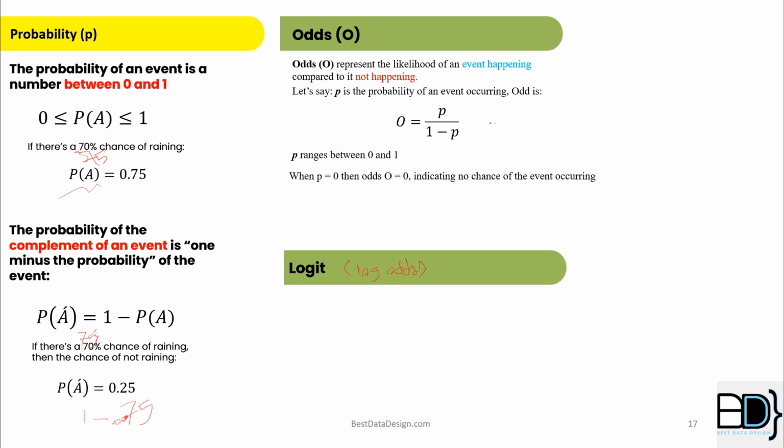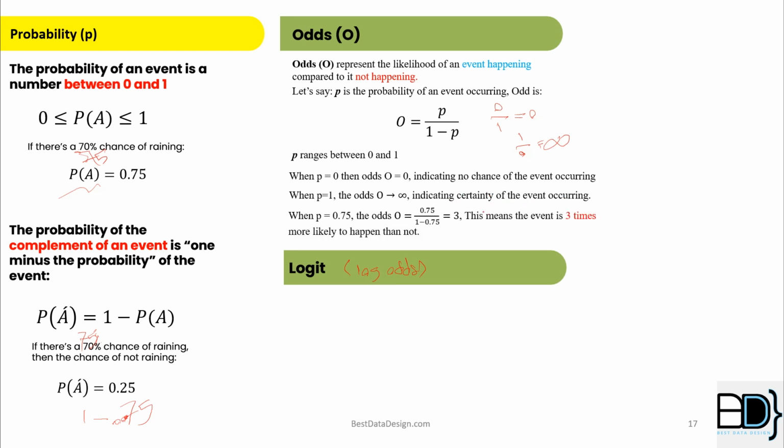We already know P is any number between 0 and 1. When P is 0, it will be 0 divided by 1, which will be equal to 0, indicating no chance of an event occurring. When P is 1, it will be 1 divided by 0, which will be infinity, indicating certainty of an event occurring.